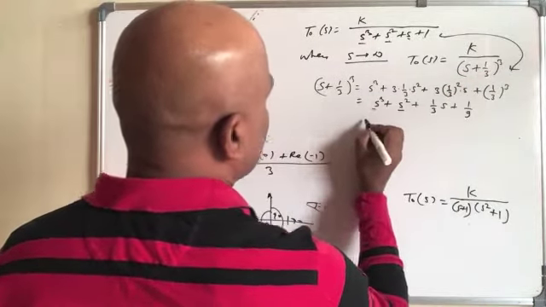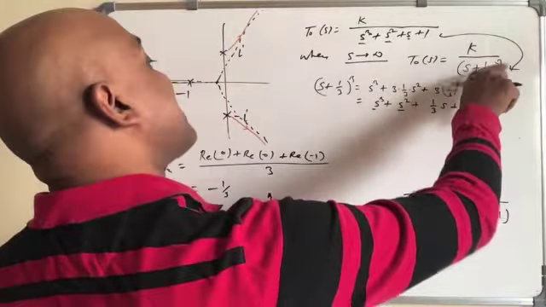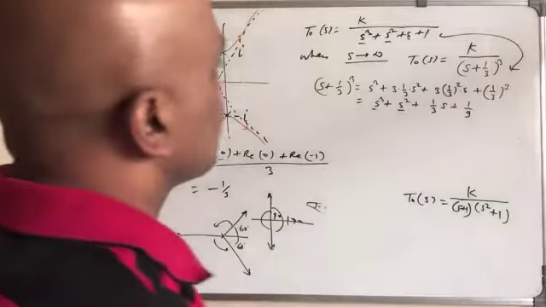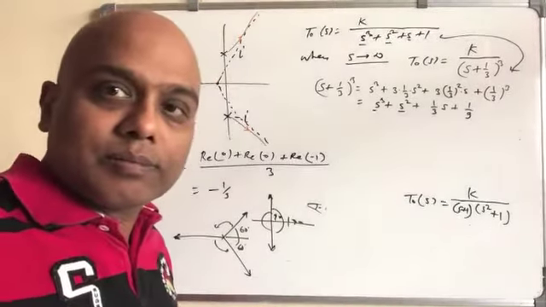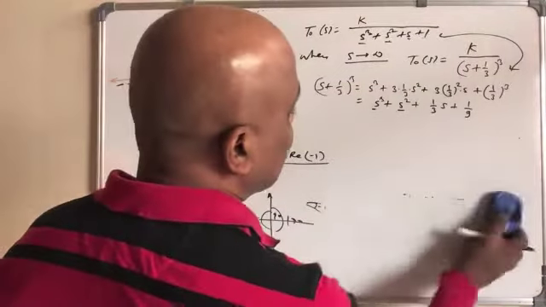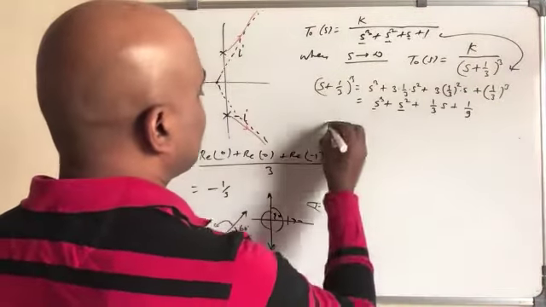Yeah. So now when s is large, it is like this. We can also write the closed-loop transfer function.